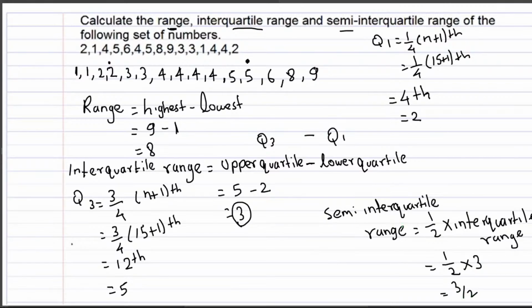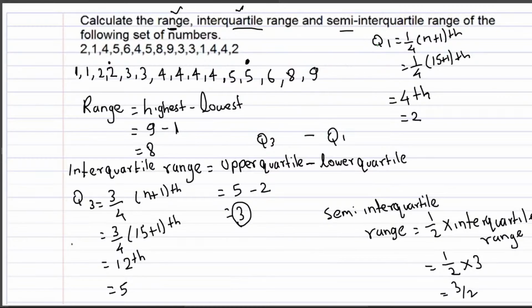That's our semi-interquartile range. So we found the range, which is highest minus lowest, and the interquartile range, which is upper quartile minus lower quartile. We use the equation to find the position of the number, then look at which number sits in that position. In the 12th position there's a 5, so 5 is our Q3.